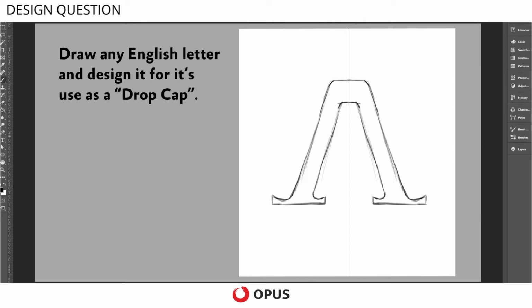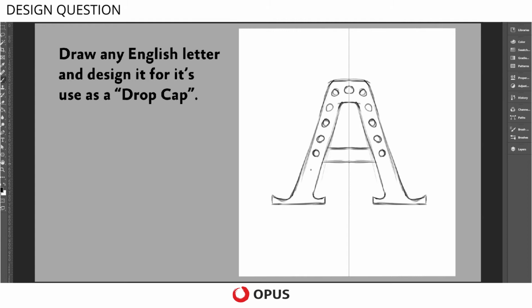So this is our structure of the A, and then we can start working on its inner structure and how it can decorate itself. Once you have the entire structure, we can add certain elements inside it to make it look interesting. You can be as creative as possible.